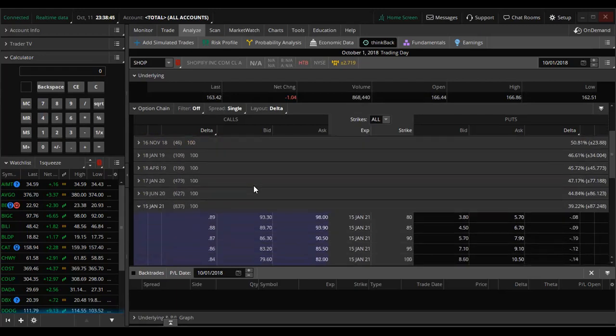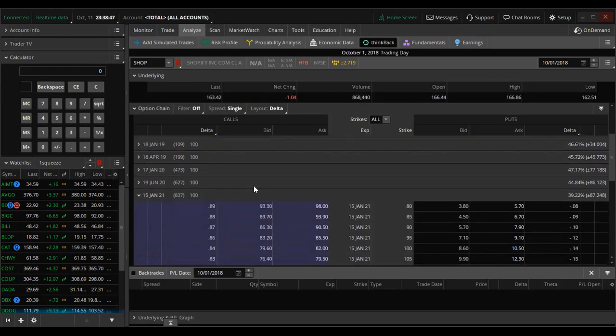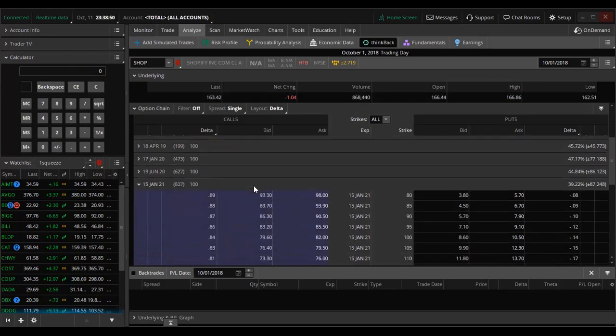So, what we're going to do is look at the furthest option contracts they had during this time, which were the January 21 contracts, which expire this coming January.